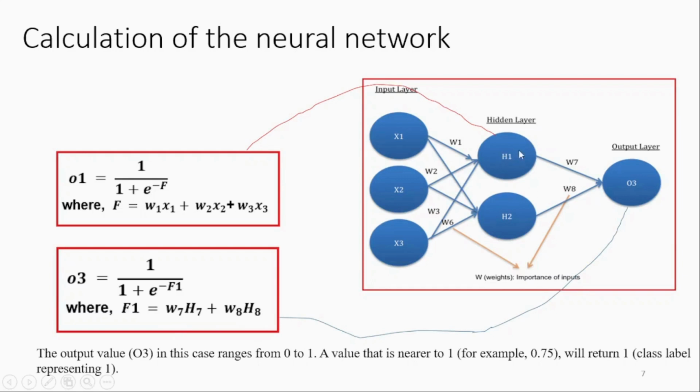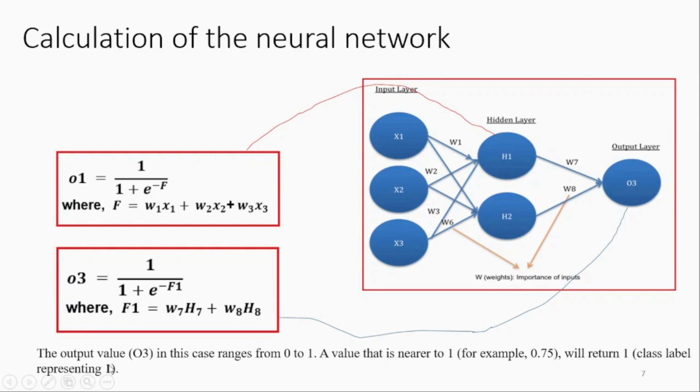Now these inputs along with their corresponding weights will travel to the output layer, and here again this activation function will decide which input should be triggered to the final output. The output value O3, look at this, is O3. In this case, the range is from 0 to 1, and we take the value nearest to 1. For example, if this input gives us a value of 0.75, and this one gives us 0.25, because the range is from 0 to 1, then the 0.75 will return one class label representing 1.